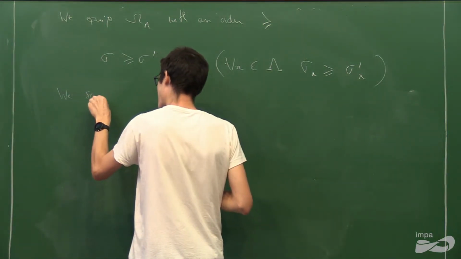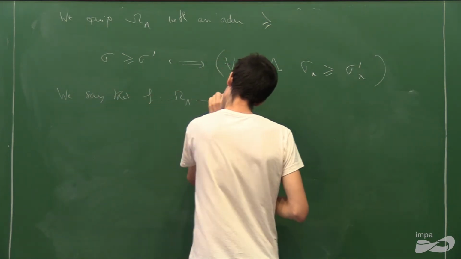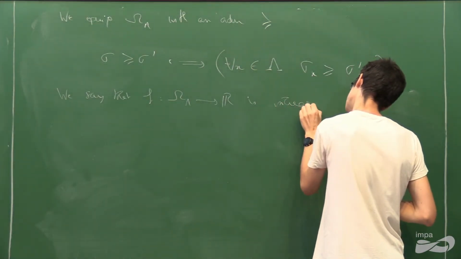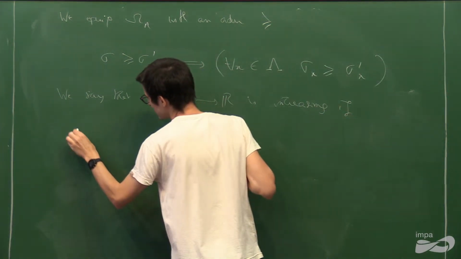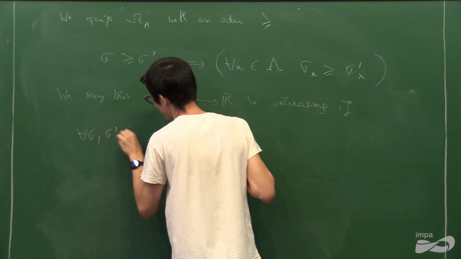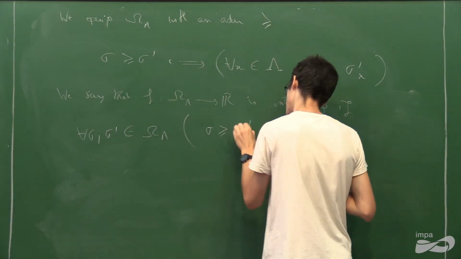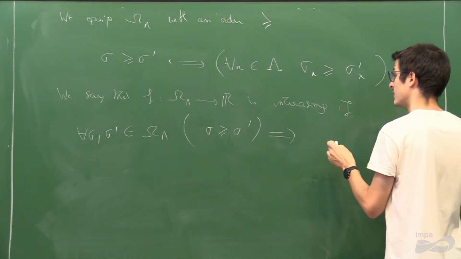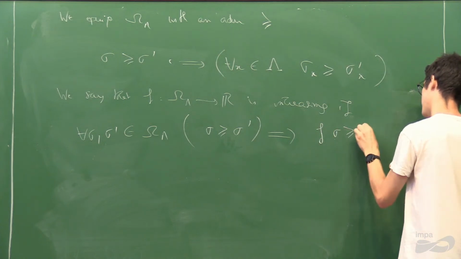Now we say that f is increasing if for all sigma, sigma prime in Omega_Lambda, sigma larger than sigma prime implies that f of sigma is larger than f of sigma prime.